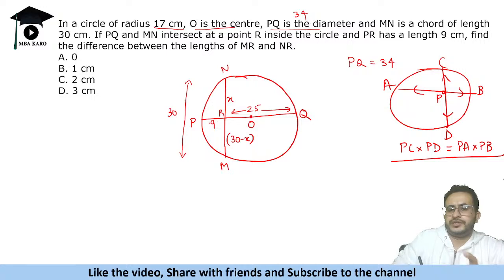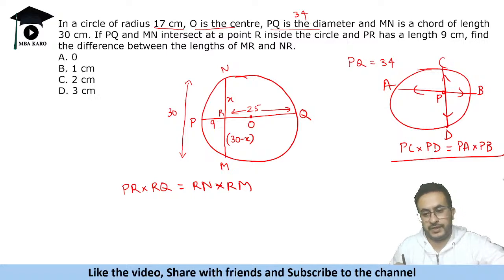Okay. So this theorem we will apply. In this case, we will get PR into RQ is equal to RN into RM. So this is what we will get in this, right?